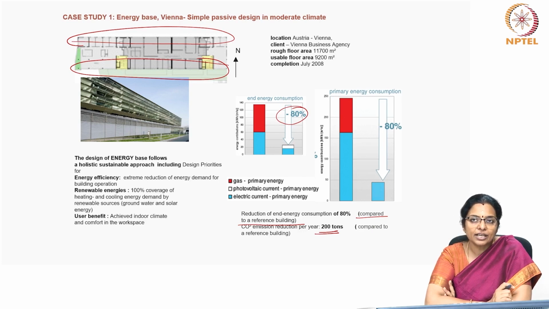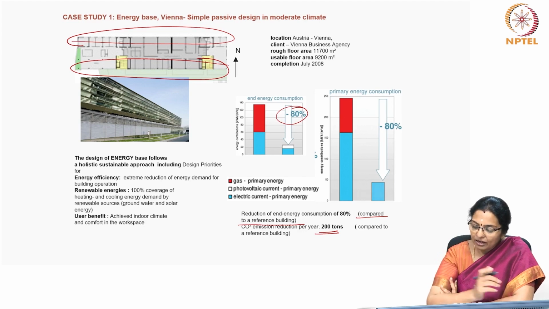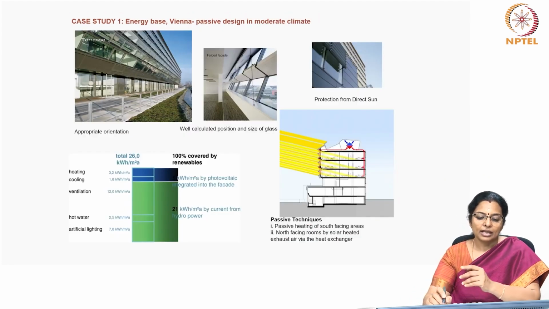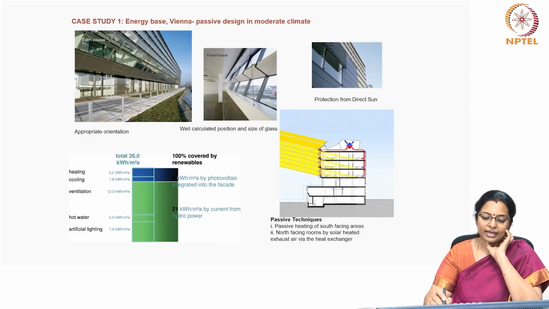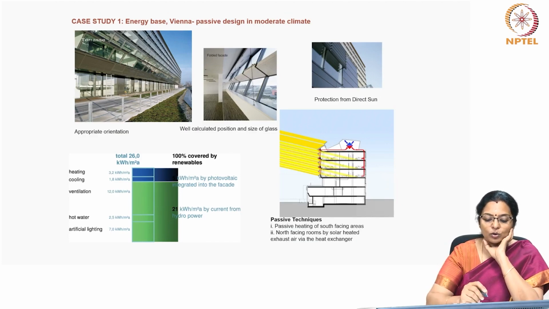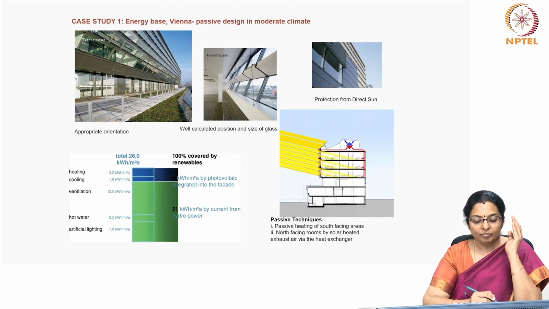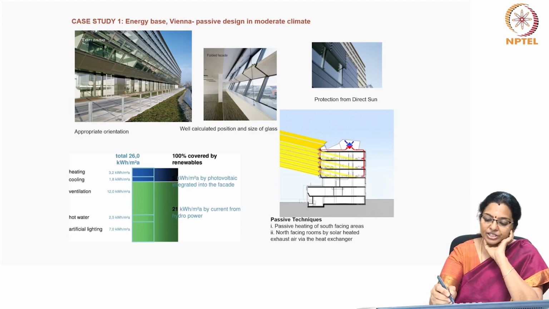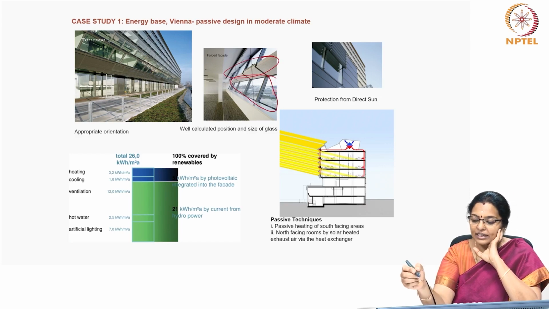The user benefits include indoor climate and comfort for the workplace, and of course, 80% reduction of end energy consumption and 200 tons reduction of carbon dioxide. This building uses appropriate orientation and windows which are designed specifically for this climate. It also uses shading devices and window design.